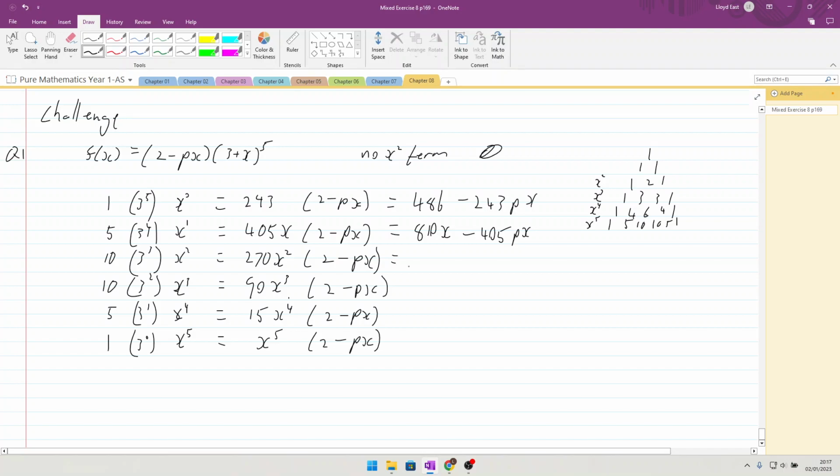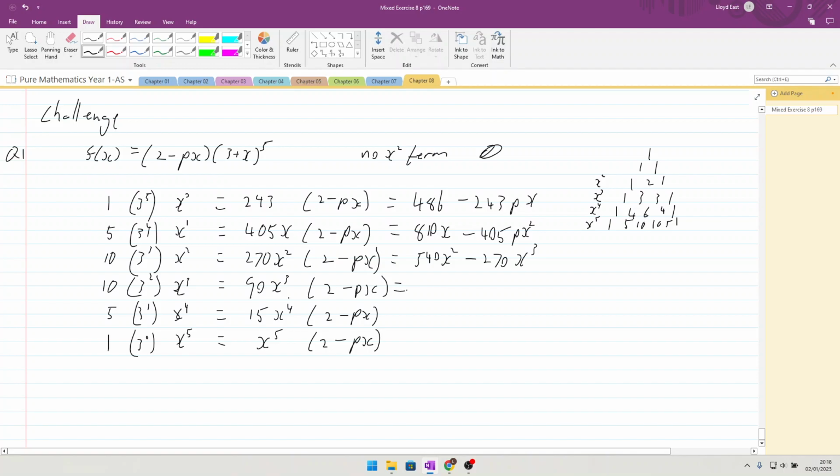Then we're going to have 270 times 2 is 540, 540 x squared, okay, minus 270 x cubed. Okay, snuck in a sneaky squared just up there because I forgot to multiply the x's.